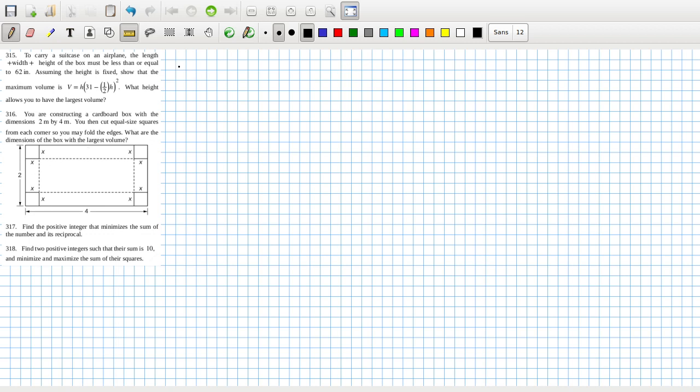Okay, so let's calculate the volume for 316. So the volume would be 4 minus 2x, that's this length here, times 2 minus 2x, times x.